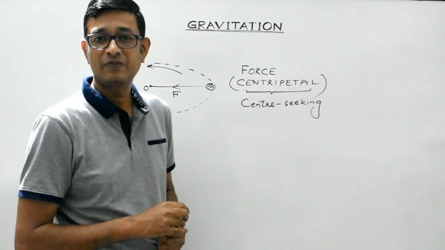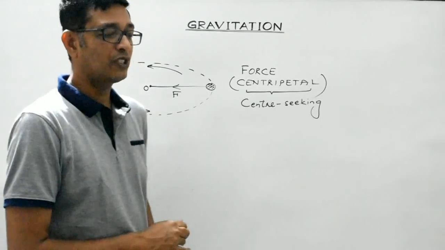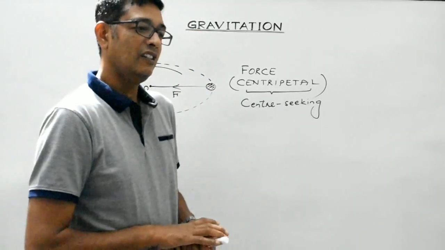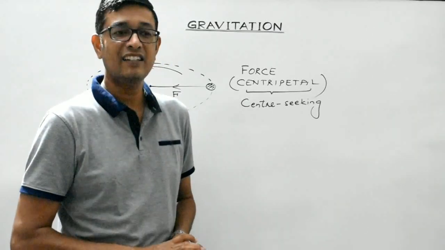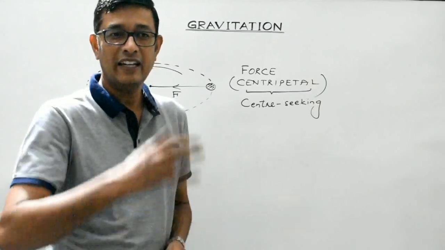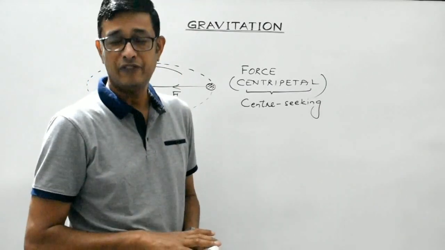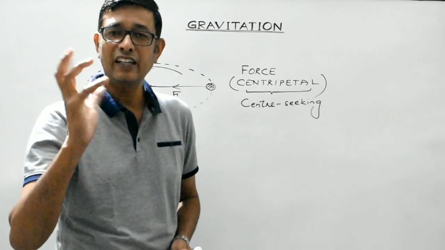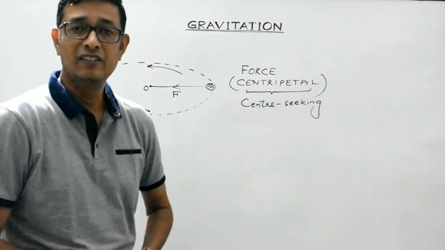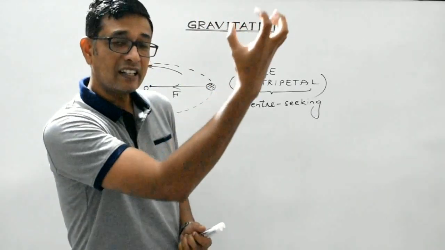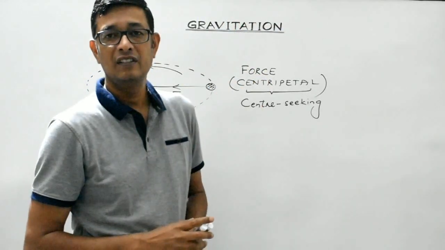Clear, students? So, here I must also mention one very interesting fact. You must all be aware of it. It is said that Isaac Newton, while sitting under a tree, had an apple fall on him, and later on he analyzed the thing, and he concluded that the apple is getting attracted towards the Earth.